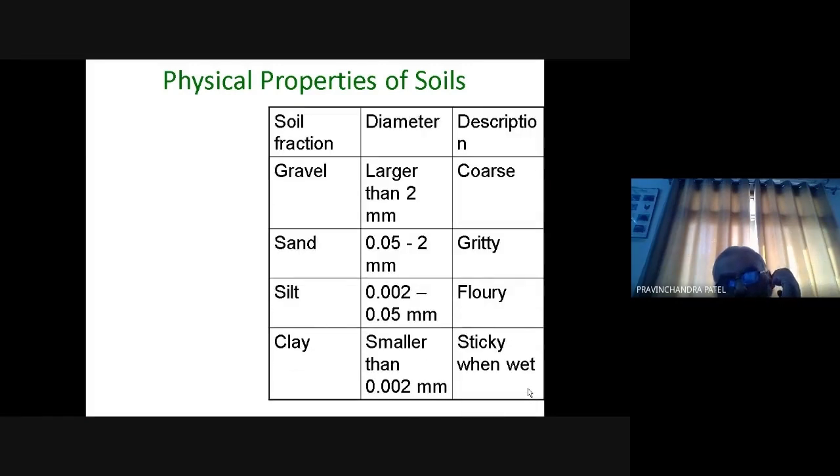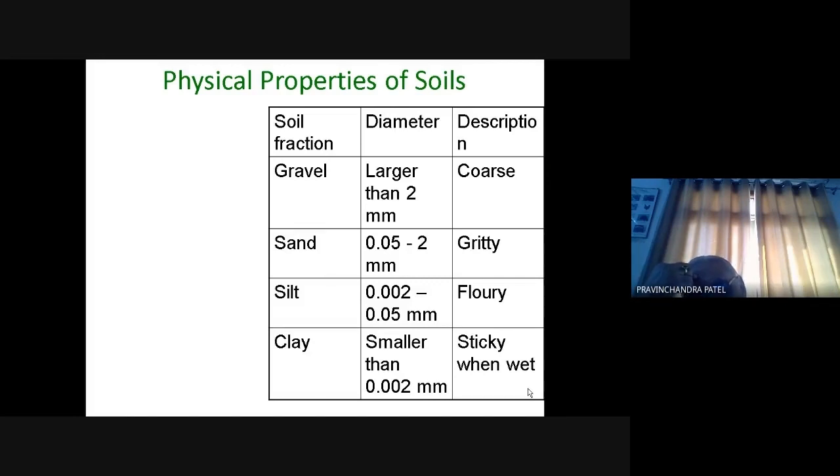Then, physical properties of soil. Here is the soil fraction or soil separate, or soil particles: gravel, sand, silt and clay.